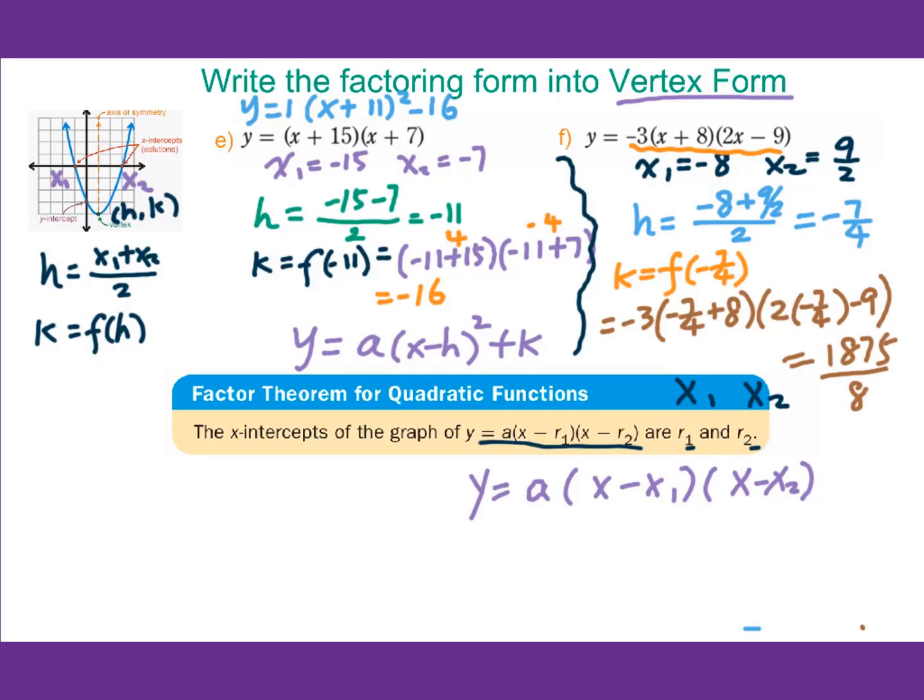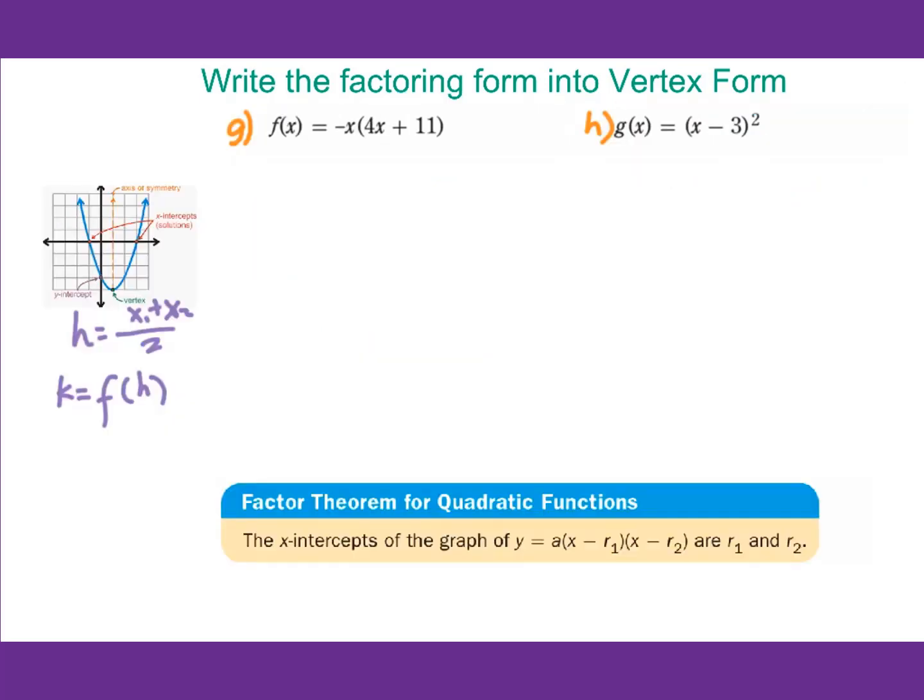Answer is really big, 1875 over 8. Therefore, I can write down the vertex form. That will be y equals negative 3 times x plus 7 over 4 squared plus 1875 over 8.